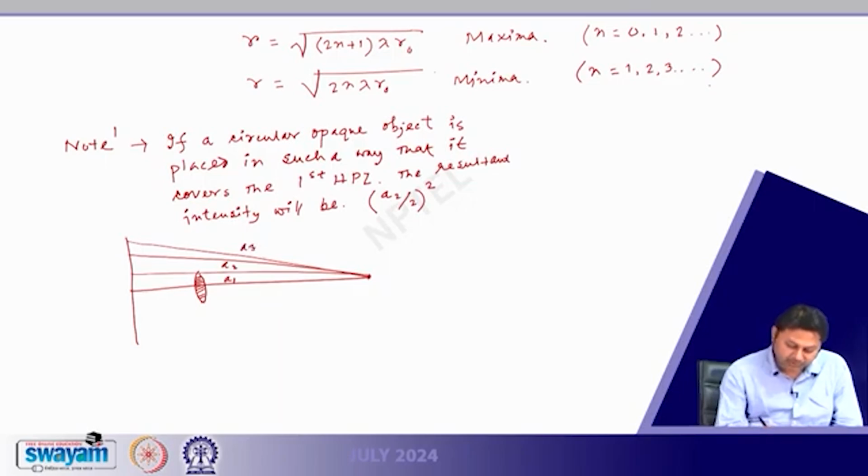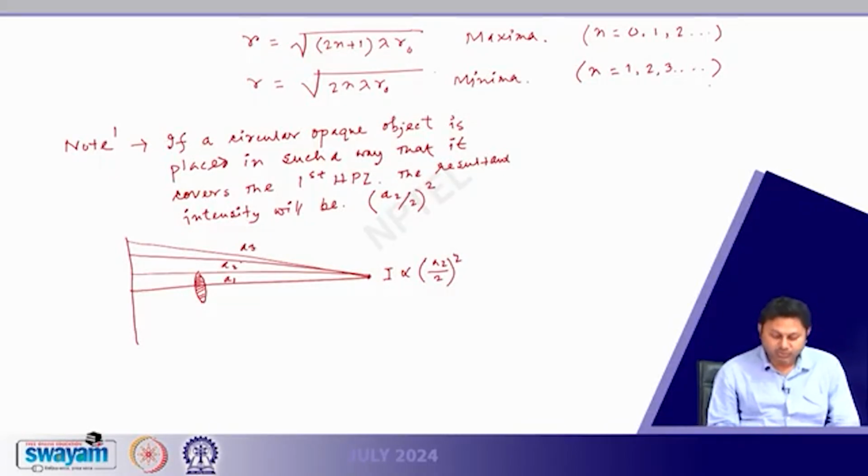So the resultant amplitude, if I cover this, then the intensity will be proportional to the next one, that is A2 divided by 2 square. Now if I cover another in such a way that 2 zones are now covered, then the intensity will be A3 by 2 whole square, and so on.